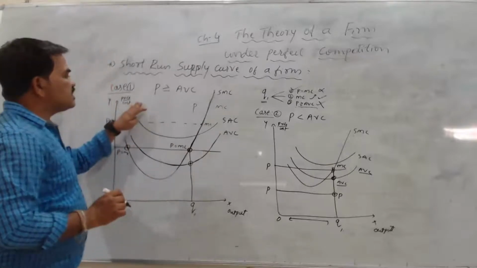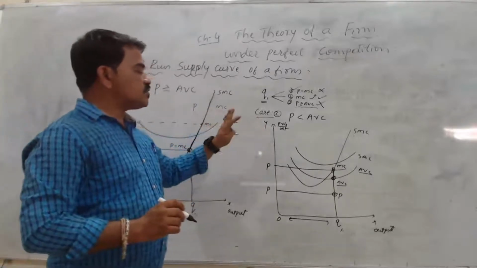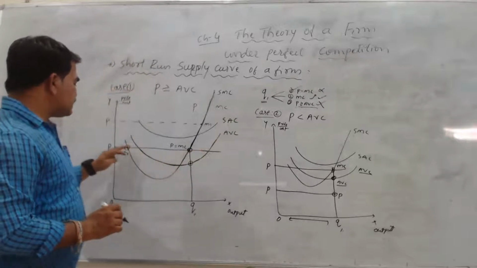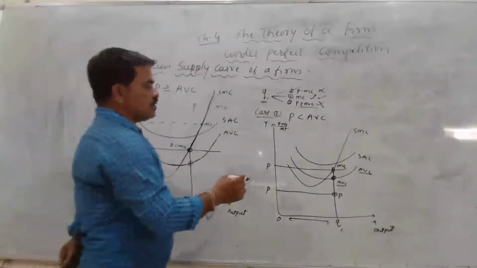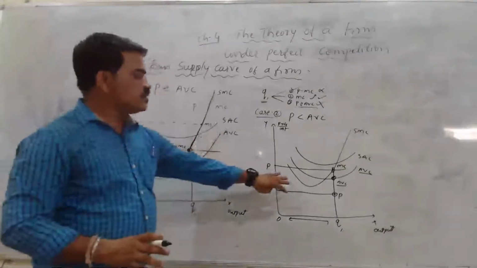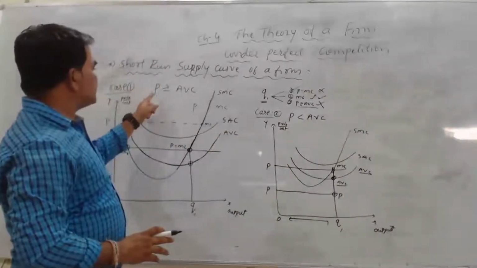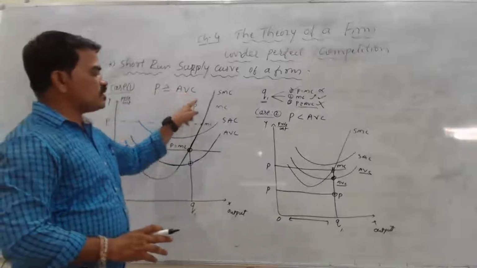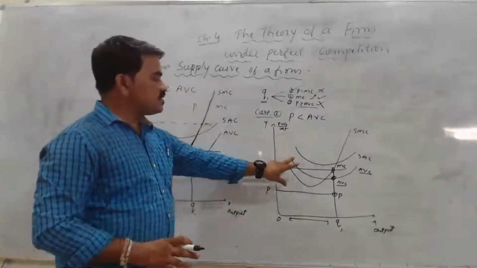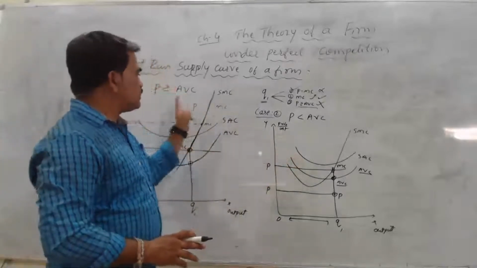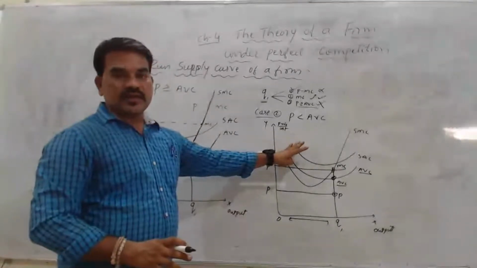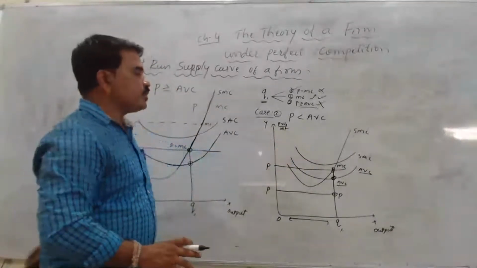Now from the first and second case we understood that at this price, this curve includes the first case also. In the first case the price is greater than average variable cost, that is here. So this graph includes the first case also. Now let us look at this graph.